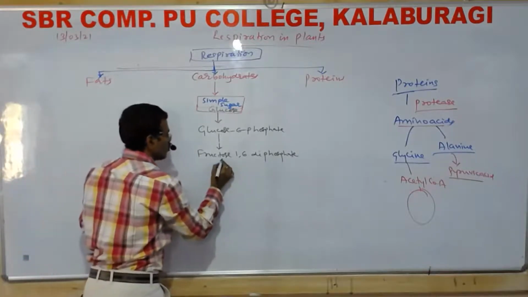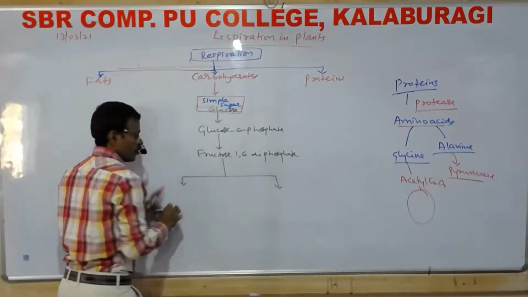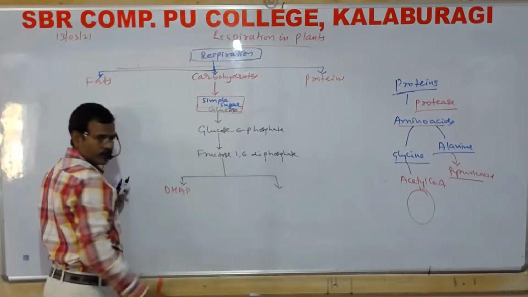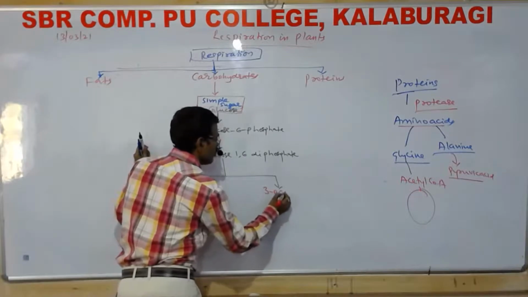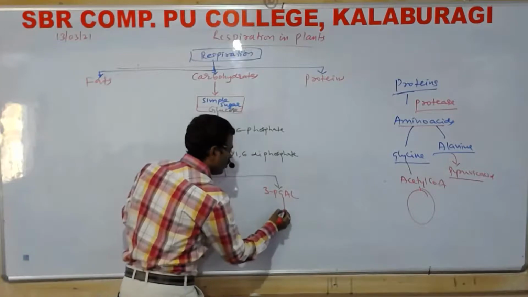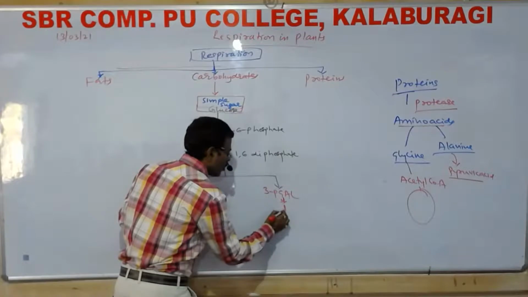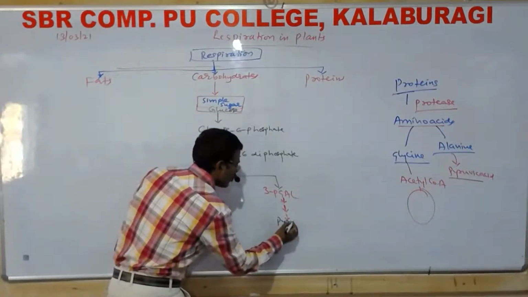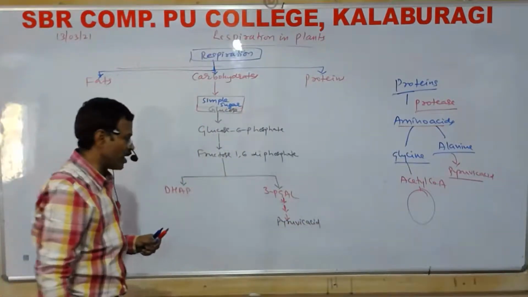Okay, this fructose 1,6-diphosphate splits into one that is DHAP, dihydroxyacetone phosphate, and another one, what is that? 3-PGAL. This 3-PGAL is converted into what? Pyruvic acid. Is it or not? At the end, it is converted into pyruvic acid.